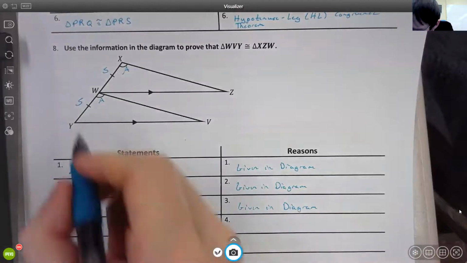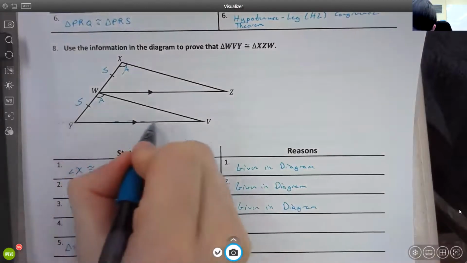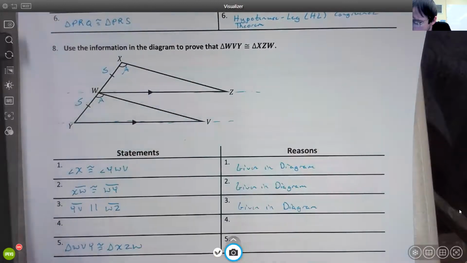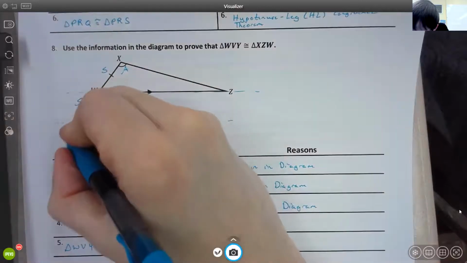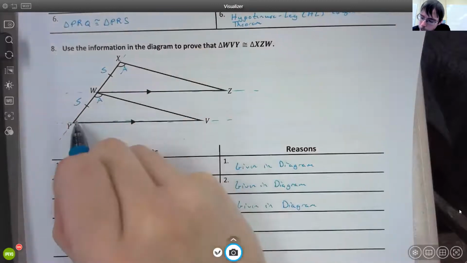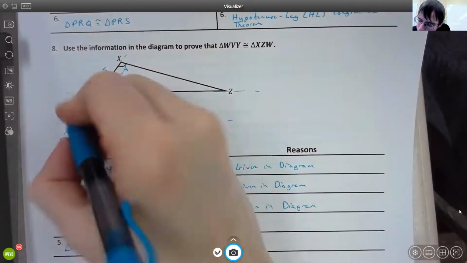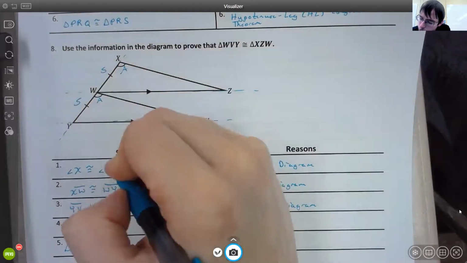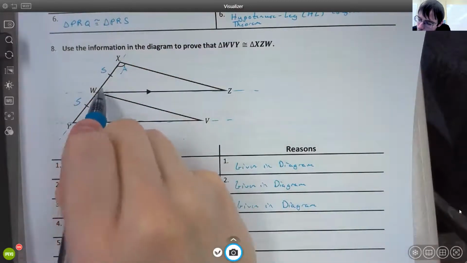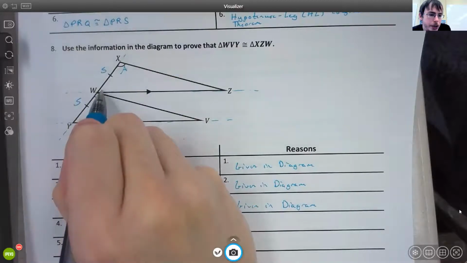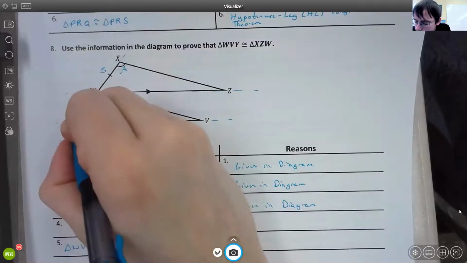Well, remember, these are parallel lines, so it means we're looking at transversals here. We're going to say that this is our transversal because it's the only one that makes sense. And if we look here, we can see the angle Y and W here, or XWZ, would be congruent because they are corresponding angles. One's in the interior, one's in the exterior, and they're on the same side of the transversal.